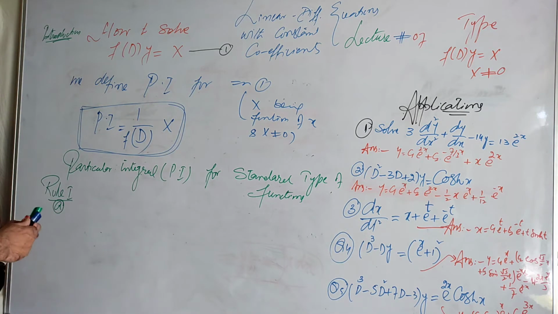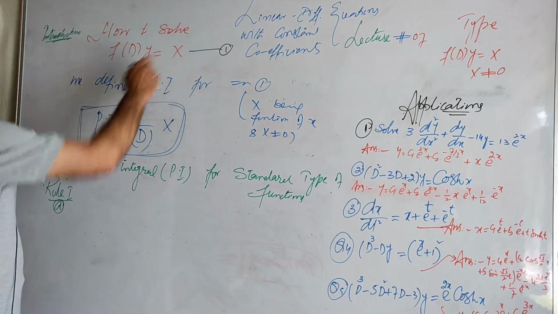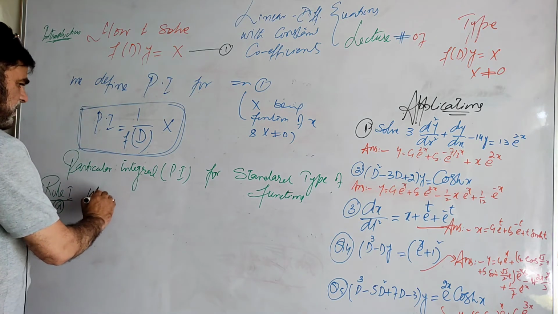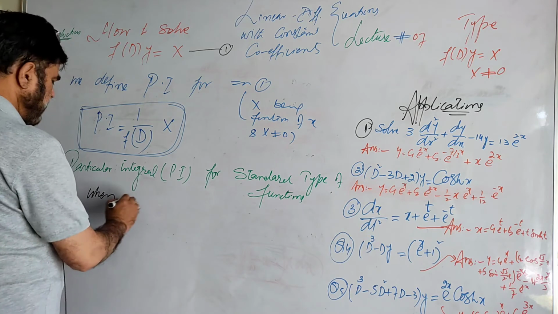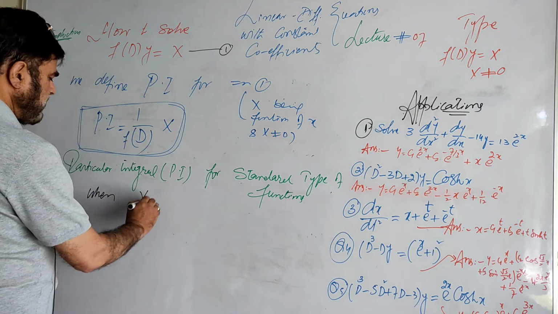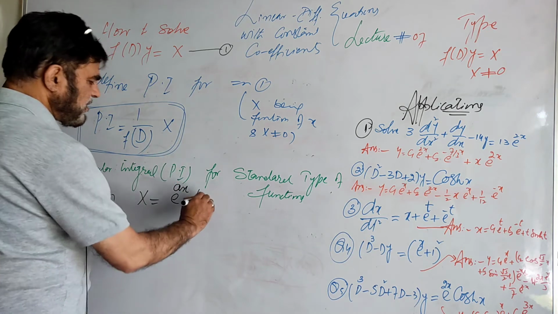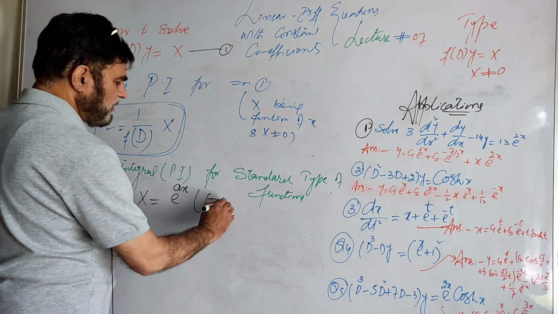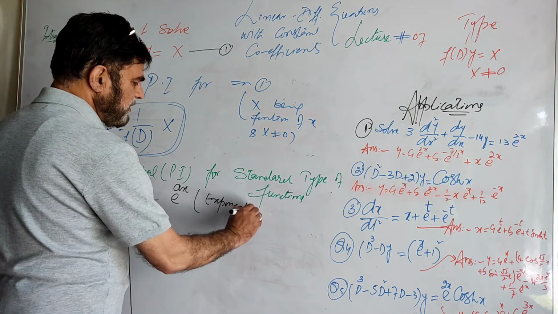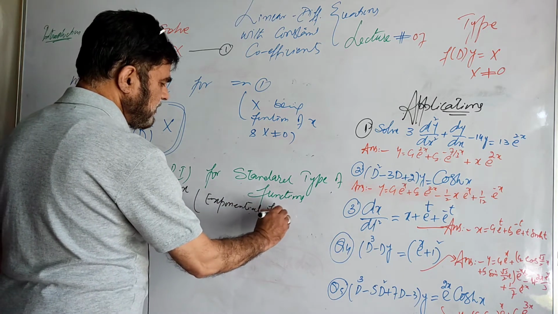Rule first, we say when our right side is a standard type of function, when X is e raised to power ax, an exponential function. How do we find the particular integral for an exponential function?